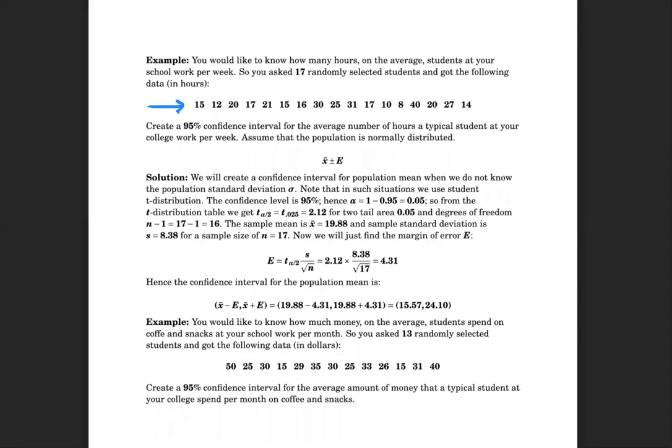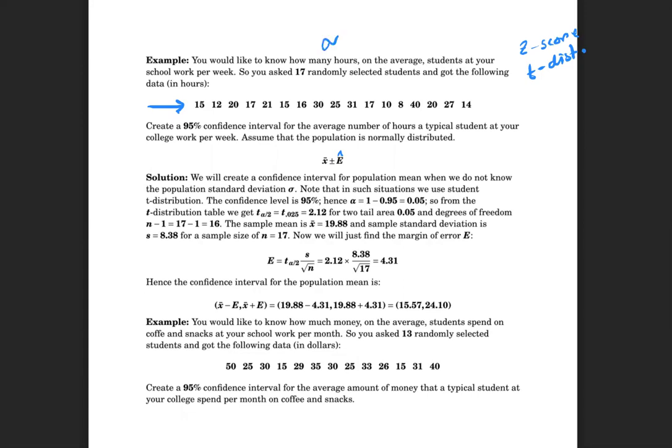Now we are going to create a confidence interval, okay? X bar plus or minus E. Now here you have to ask yourself the question, are you going to use z-score or t-distribution? To find out which one you use, you should ask yourself, do we know sigma?